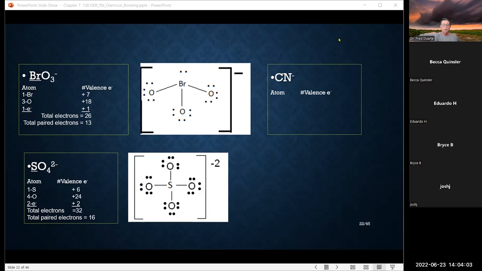This originally, and we're going to learn about this, came from an acid, H2SO4. This is sulfuric acid, one of the acids we're eventually going to talk about. And when an acid reacts with a base, it loses its protons, and when it does that, it becomes sulfate.